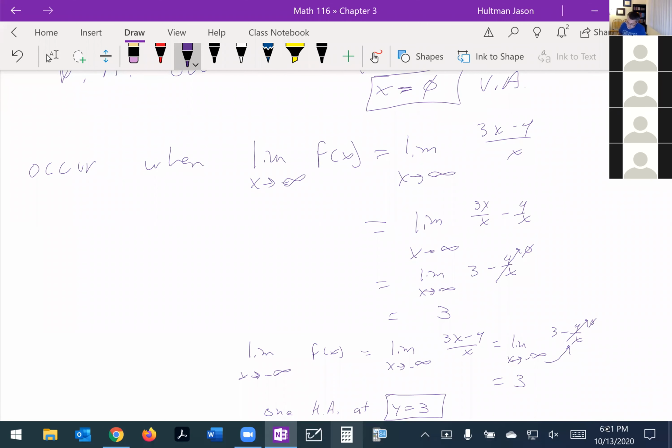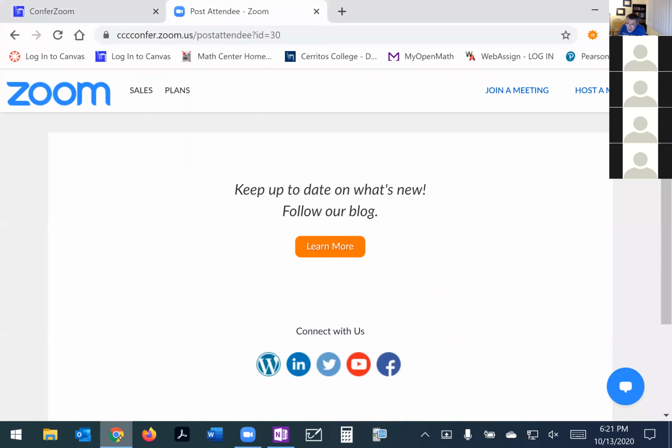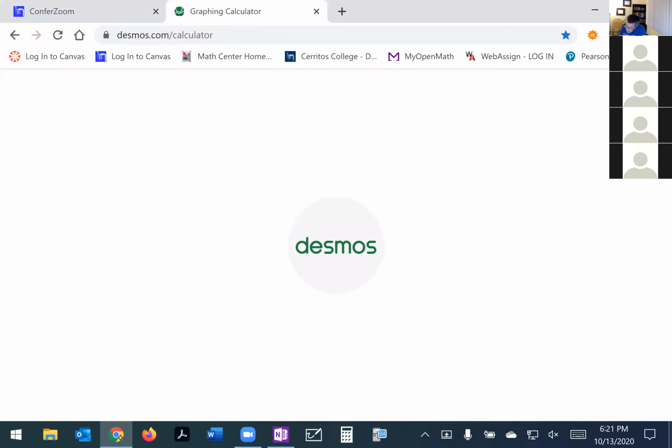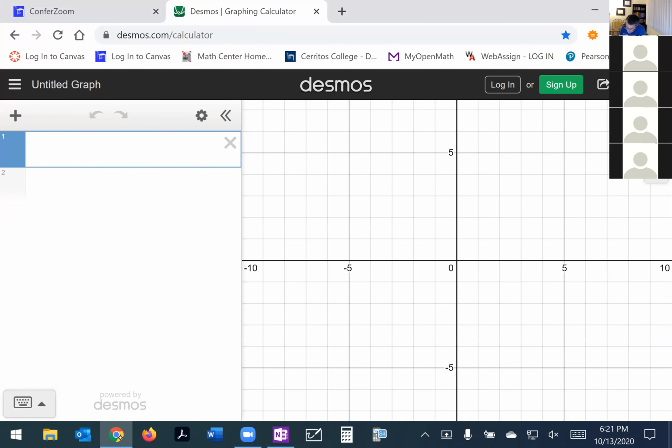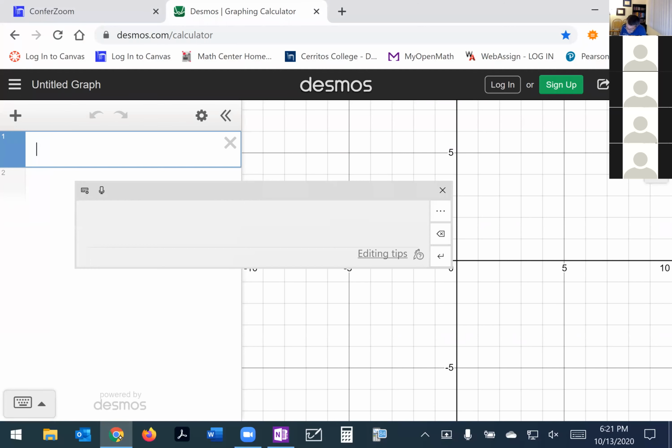So let's graph this and see why these asymptotes are occurring. What's going on with this thing? What does this graph even look like? Let's go to Desmos, and I'm going to graph this.